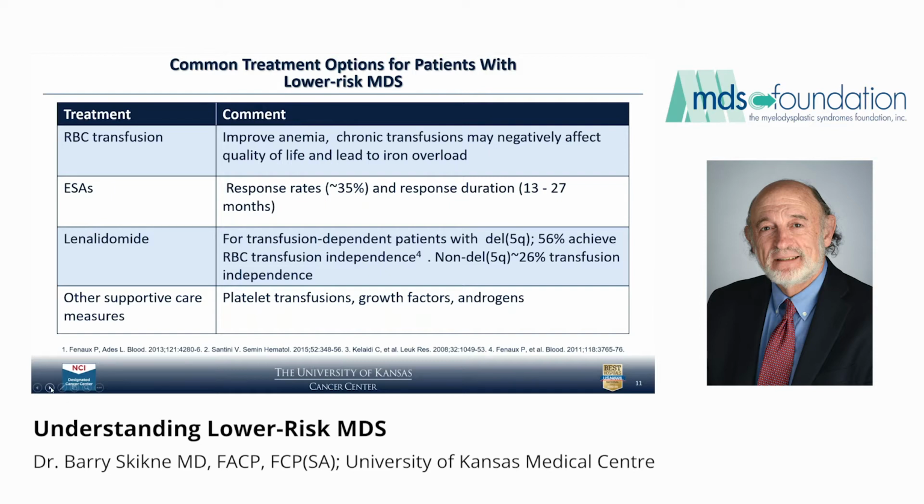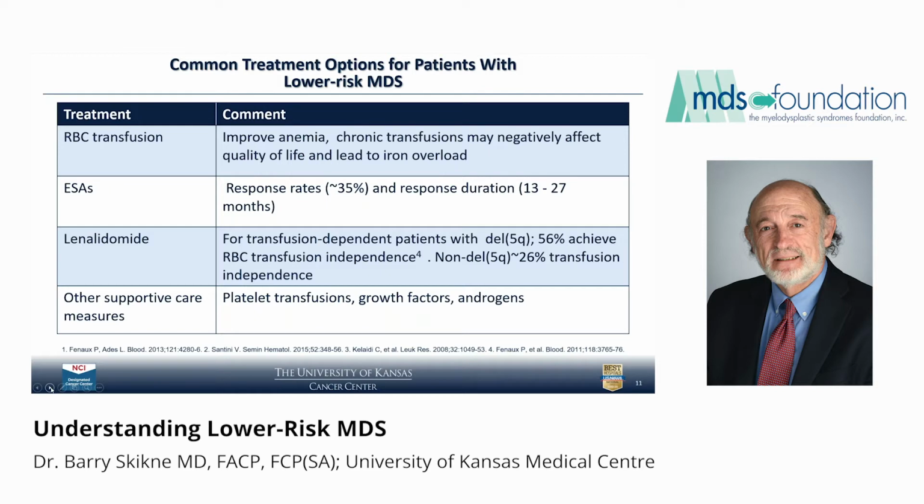If a person becomes symptomatic, usually with a hemoglobin around 9 or below, then in an attempt to improve anemia, you will receive red cell transfusions. And the problem with transfusions, especially if they have to be given repeatedly, is that they have some negative effects on quality of life, having to go in to get a transfusion, which may last 4 hours of the day that one's at a center to get the transfusion.